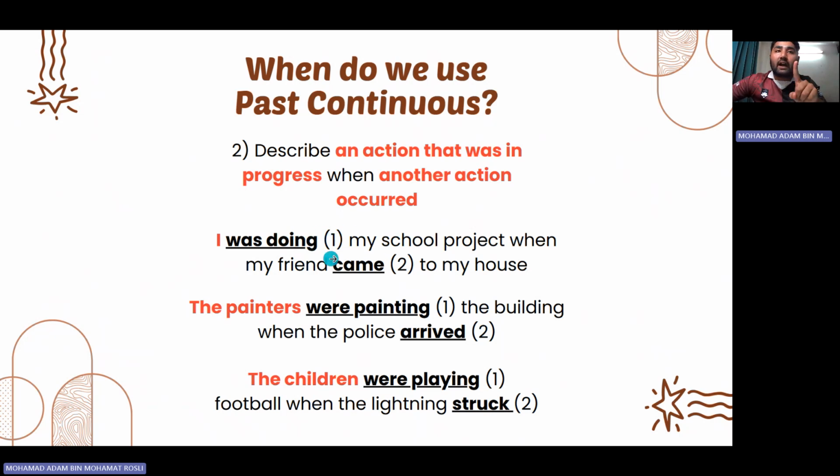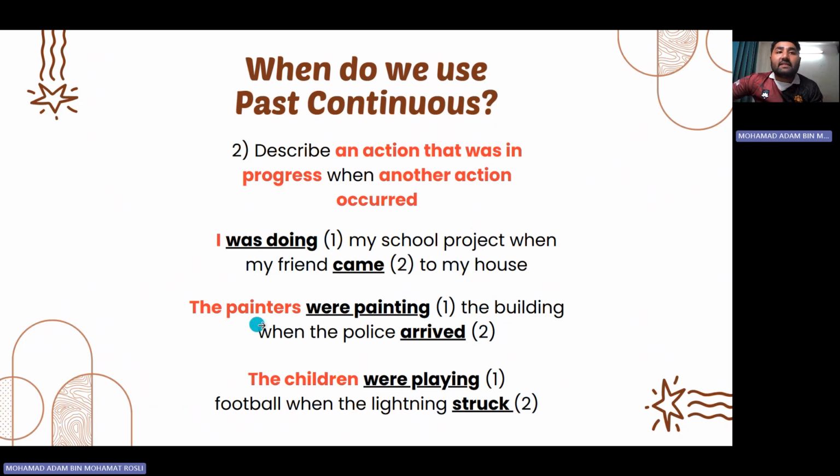I put it in the bracket here. It is the first activity that happened. And then suddenly another activity takes place, another action occurred, which is my friend came to my house. Therefore, as we can see here, I was doing my school project. It is in the past, and then suddenly my friend came to my house. It is also in the past. So we are describing two actions that happened in the past.